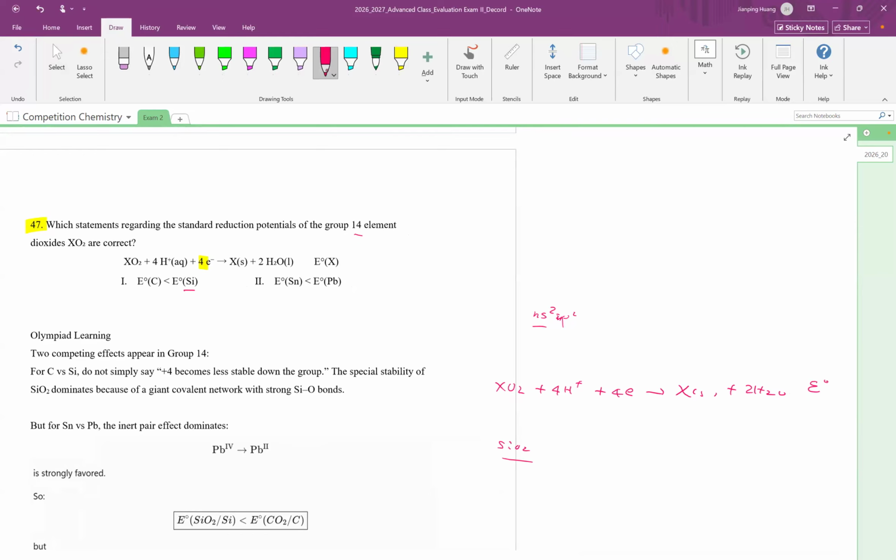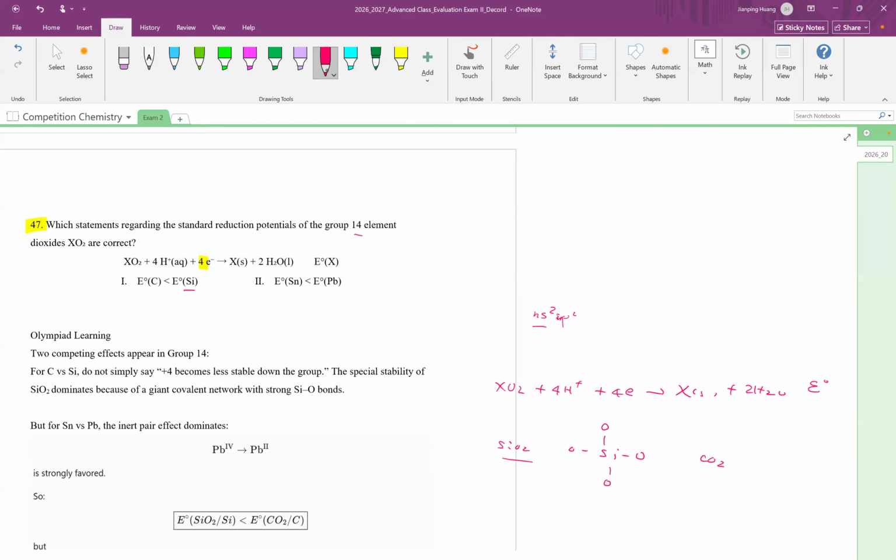Extremely, or I can say extraordinarily stable. You know that. It is sp3 hybridization, a crystalline structure. It's a network covalent solid. Hard to reduce compared with carbon dioxide. So the reduction potential should be what? Should be more negative, not positive. So the first one is wrong.